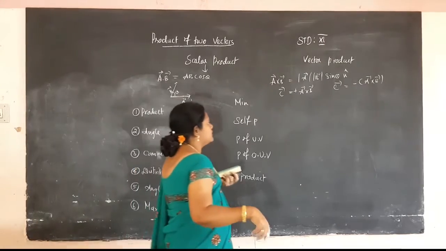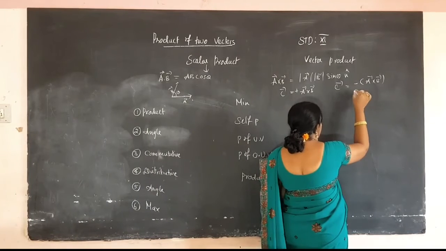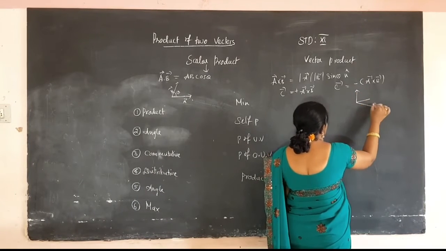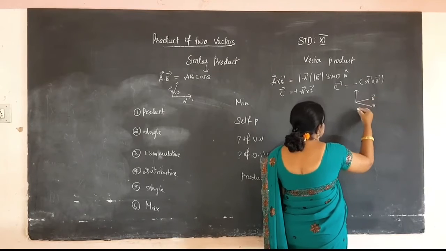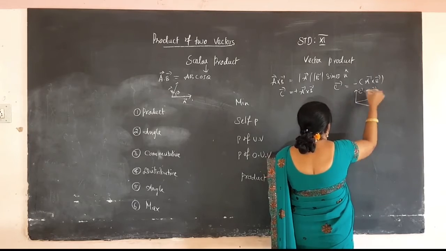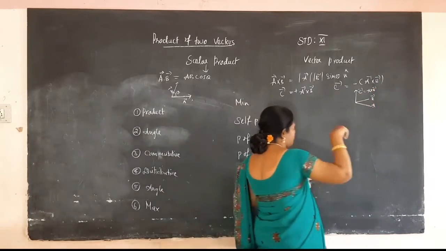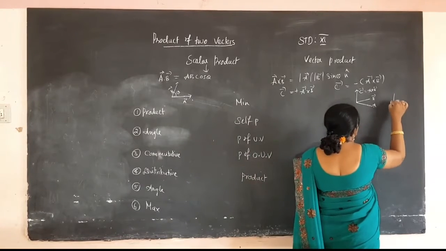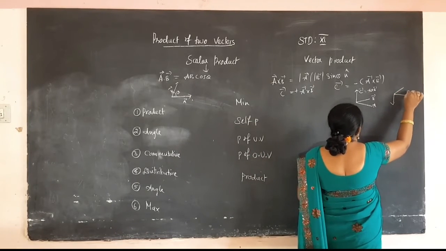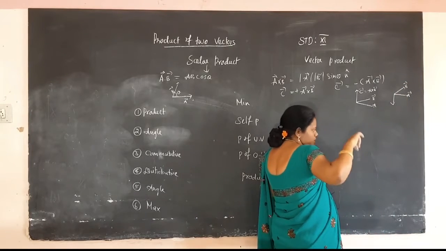I explain in the diagrammatic part. First you raise the thumb. This is the thumb finger. Mention the A, B vectors. The resultant C is equal to A cross B, because it is in the upside direction. This is the right-hand thumb rule. Then we mention the two vectors as well as the resultant vector, but the thumb is going down.